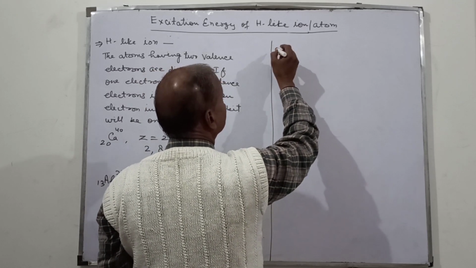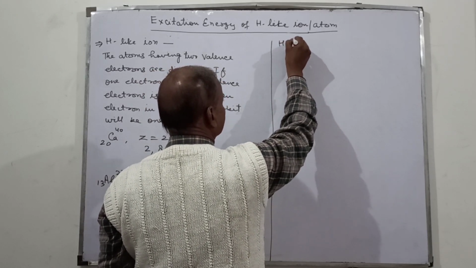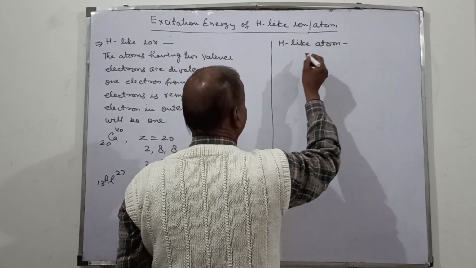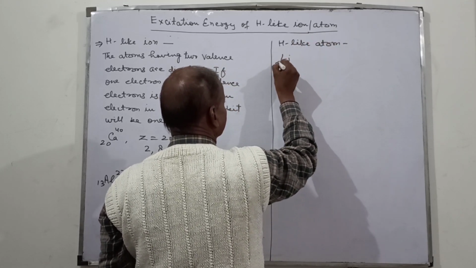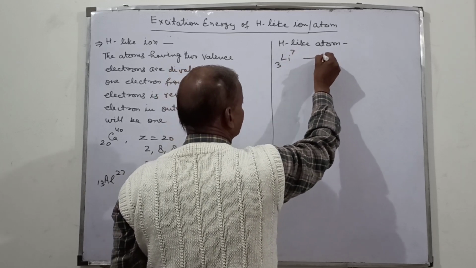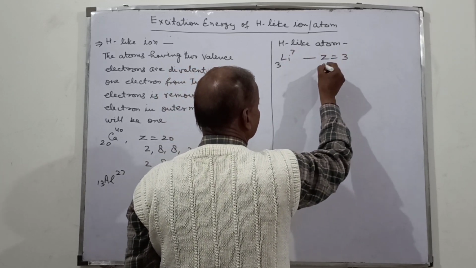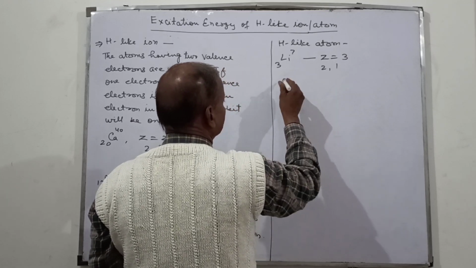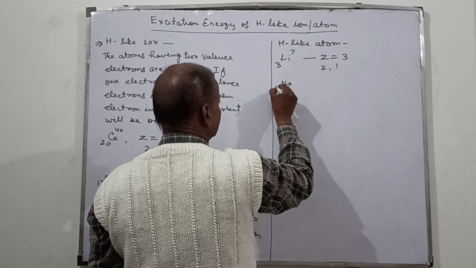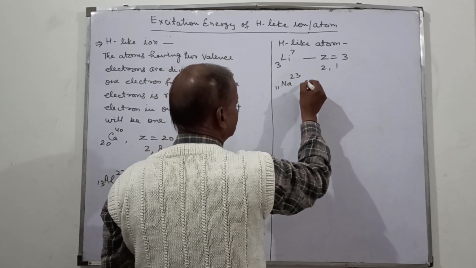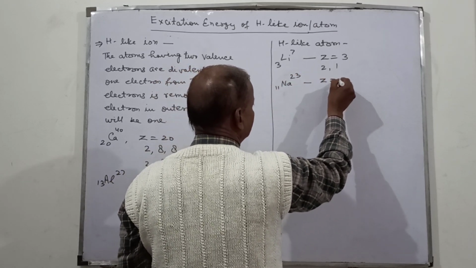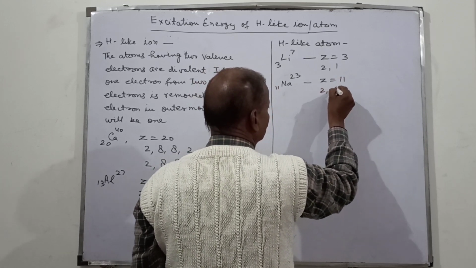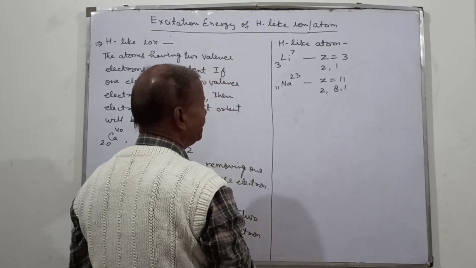Hydrogen-like atoms. Now this is lithium 3, 7. Here Z equals 3. So this is 2 and 1. The last electron is 1. Similarly, sodium 11, 23. Here Z equals 11, so this is 2, 8 and 1.